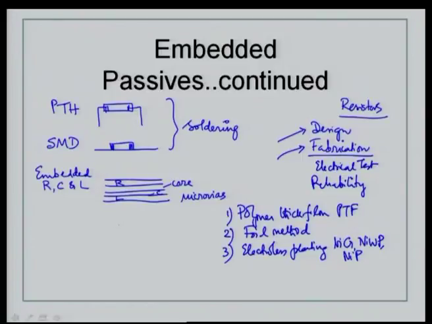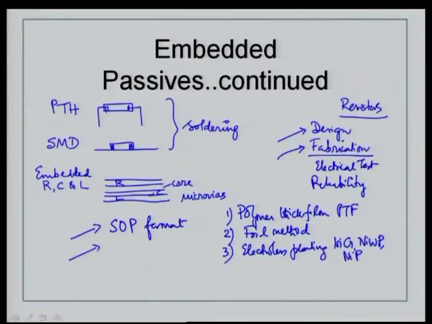Now, the other important issue is that if you embed resistors, you are able to integrate them into a system on package format, which is the current technology today to miniaturize system level printed wiring boards.